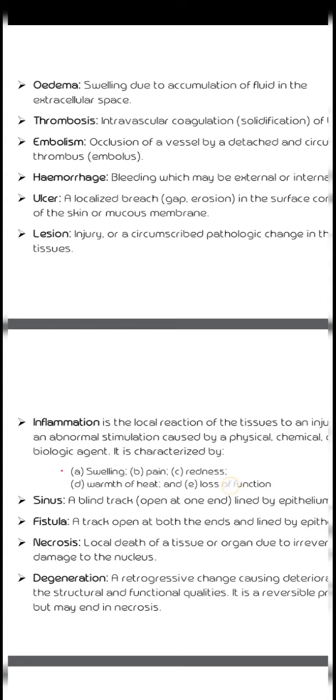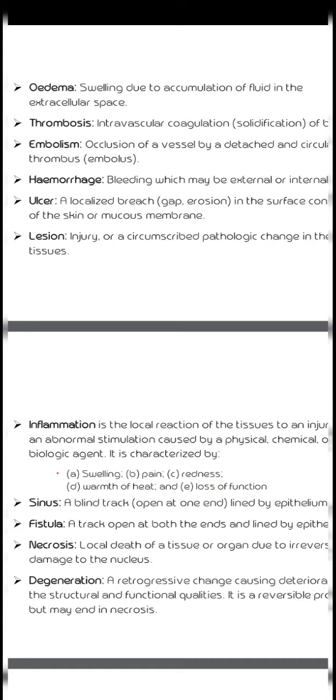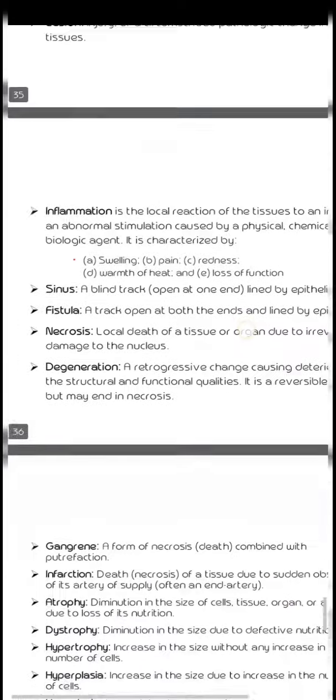Lesion is simply any site of injury or inflammation or some circumscribed pathological changes. For example, when you have an injury on your foot or on your arm, that is a lesion, as simple as that. So any site of injury is known as lesion in medical terms.